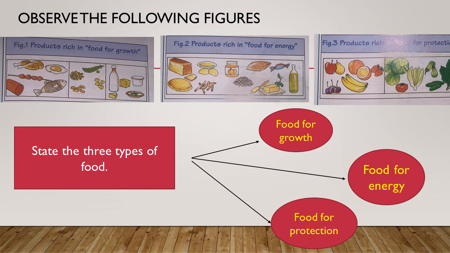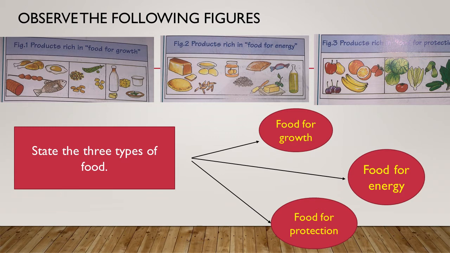And as you can see, the foods for growth are in figure 1, which are the fish, the meat, the eggs, the beans, and the milk and its dairy products. However, the food for energy are rice, pasta, bread, fats, and sweets.